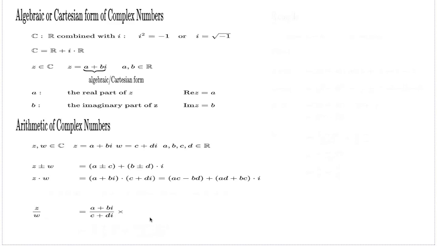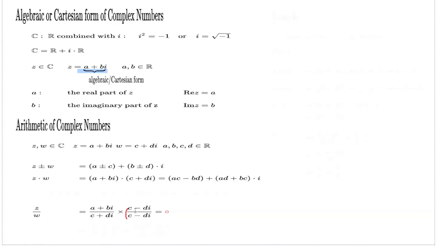You multiply this fraction, the numerator and denominator, by the number in the denominator, but you take the opposite sign in front of d. So you multiply it by c minus di. You see the plus in here became minus in here. Technically speaking, you haven't changed much because this fraction is simply identity, so this doesn't change the value of the expression.